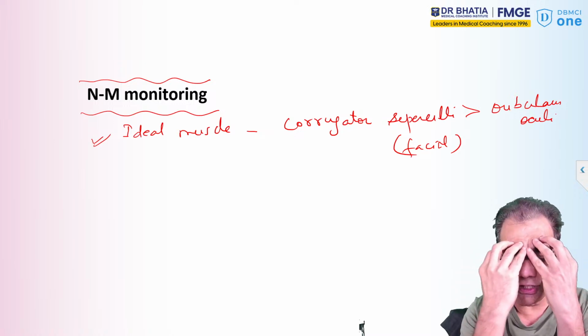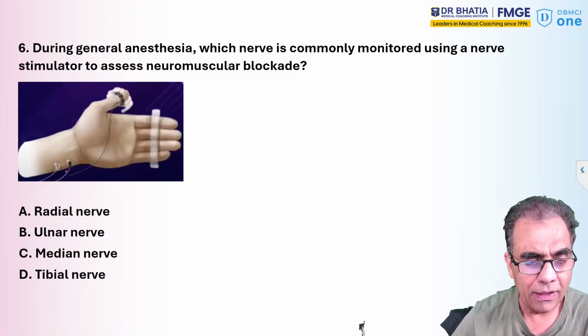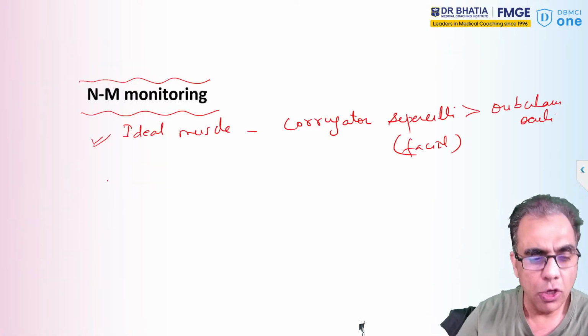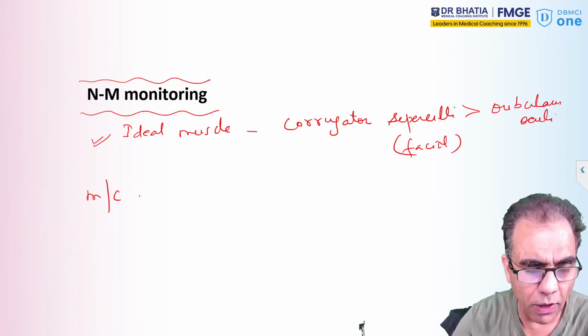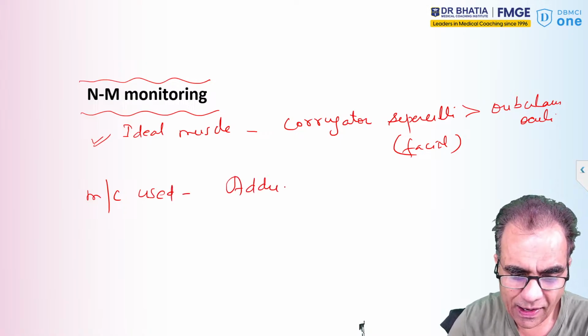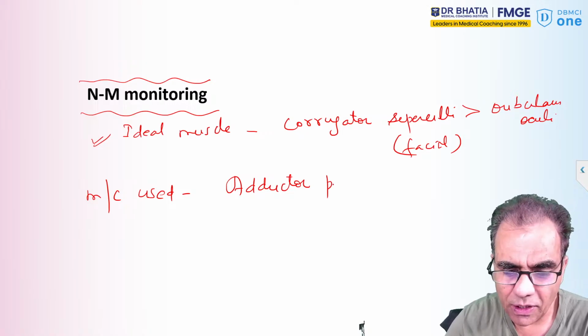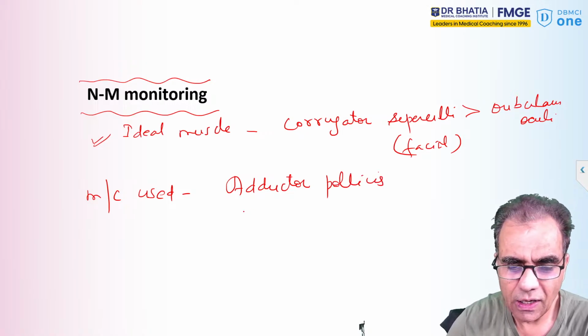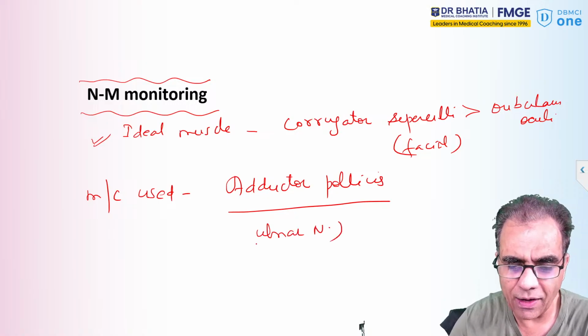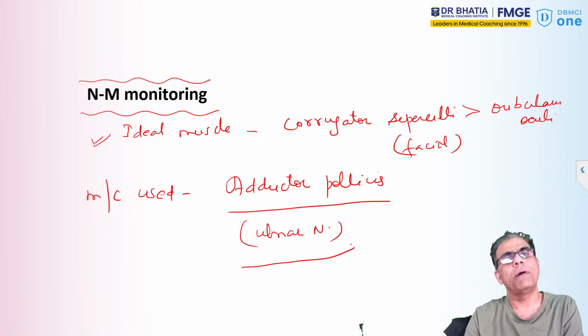But practically it is not possible to apply these electrodes over the eyelids, so it is not practically used. Therefore, the most commonly used is the adductor pollicis, which is supplied by the ulnar nerve.